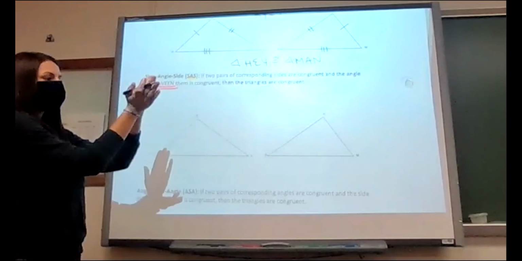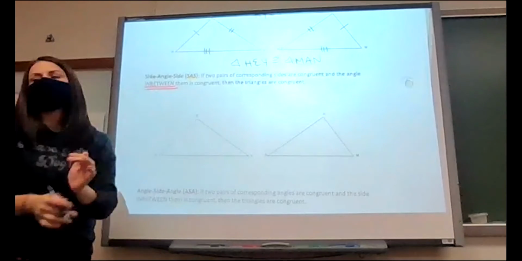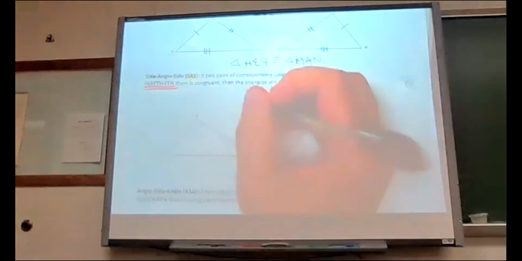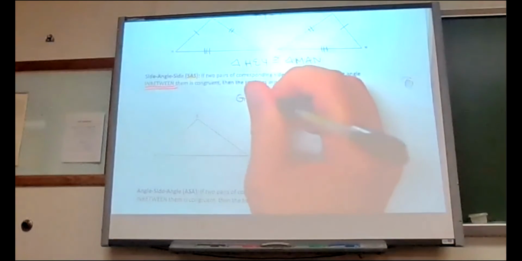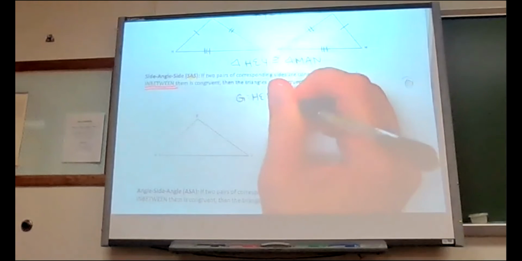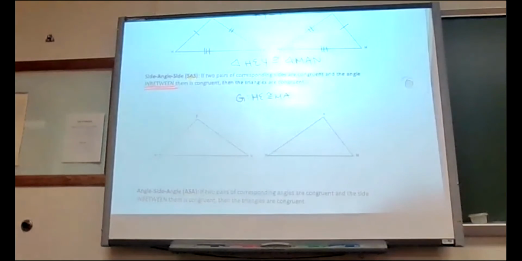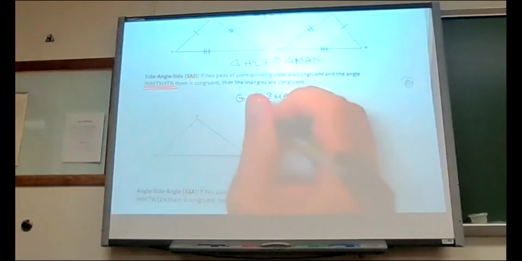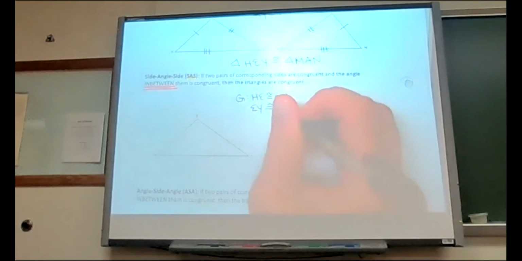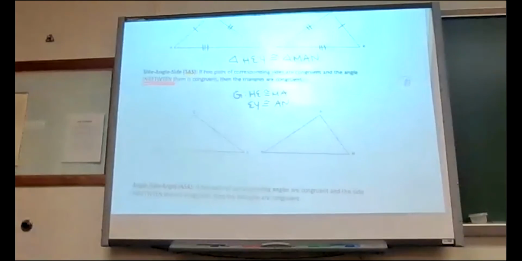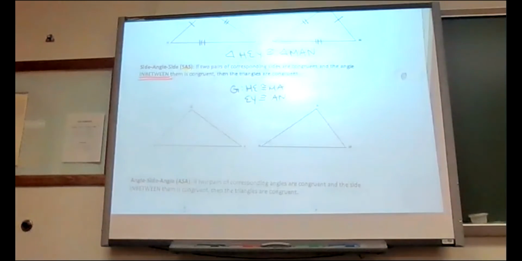So the angle literally has to be between the 2 sides that I know are congruent. I'm going to give us an example. If I knew that HE is congruent to MA, EY is congruent to AN, I'm going to stop before I give the third piece of info.